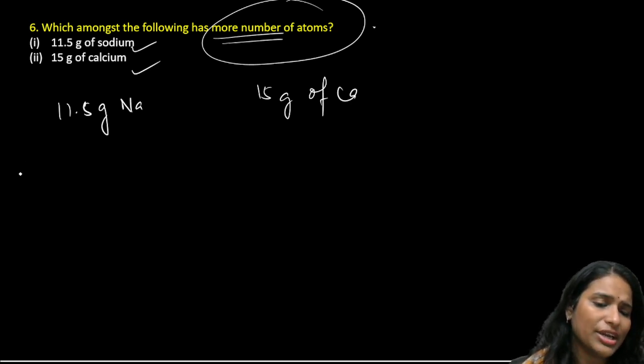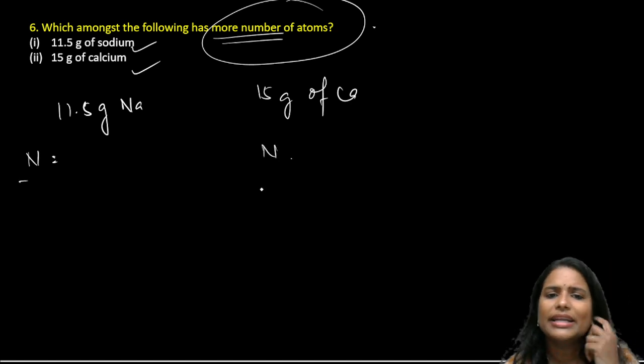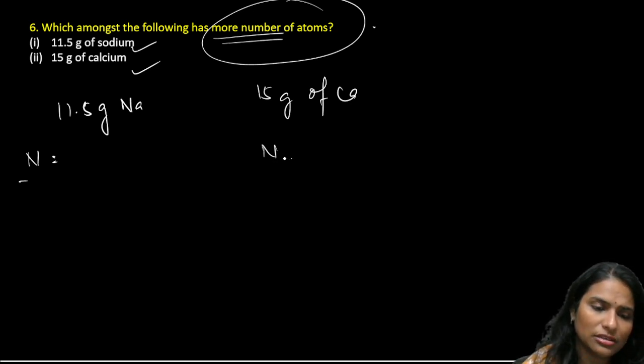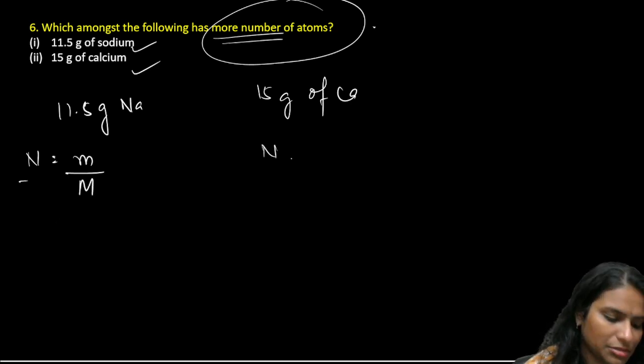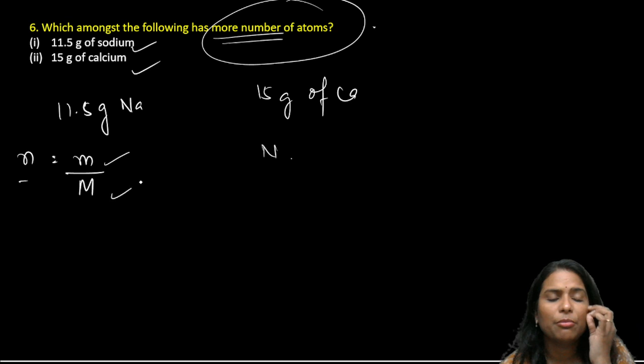Simply, you can calculate the number, capital N, for both the things, and you can tell which has more number of atoms. That is one way, right? So we know that small n equals small m upon capital M, that is, moles.